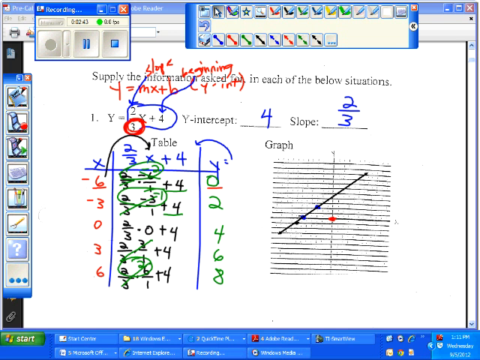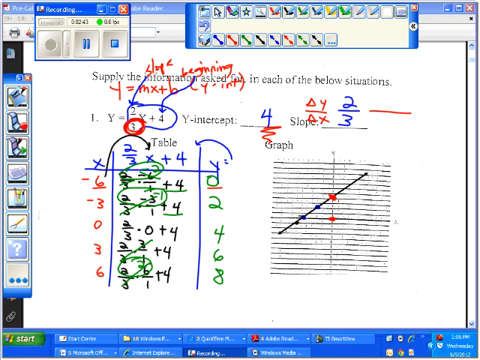Now, we also know that we could have drawn the line by using the slope and y-intercept, right? So let's do that. The graph begins at y is 4. 1, 2, 3, 4. There's your y-intercept, right? And there, your slope of 2 over 3, slope is change in y over change in x.